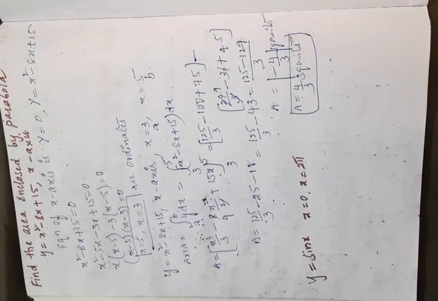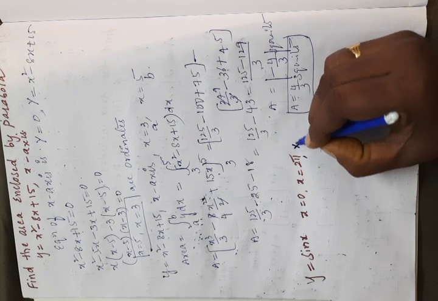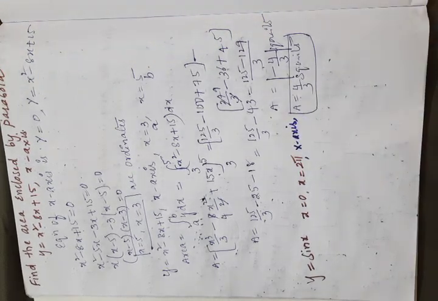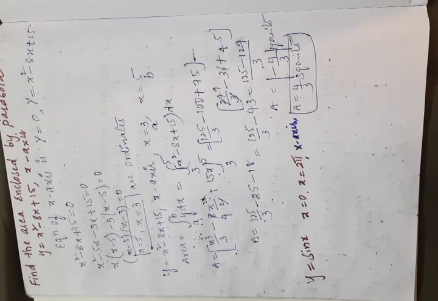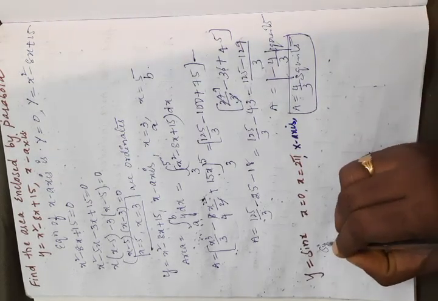Our next question is: find the area bounded by the curve y is equal to sin x and the x-axis, and x equal to 0, x equal to 2 pi are the ordinates. Here we know that sin x is greater than or equal to 0.